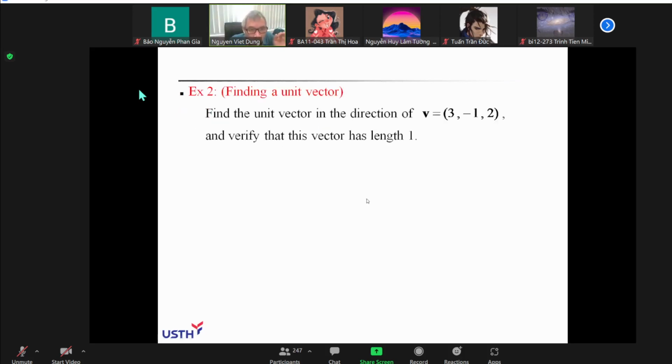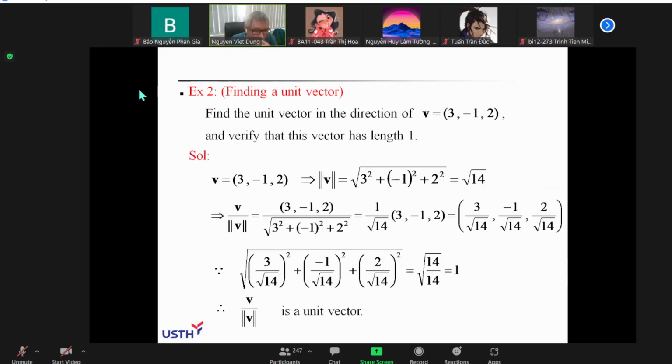Now, here is an example. Suppose that we are given a vector v like that. You need to verify whether v is a unit vector or not. If it is a unit vector, you have to do nothing. If v is not yet a unit vector, you need to normalize it, meaning you need to find a unit vector in the direction of v. So how can we do it?